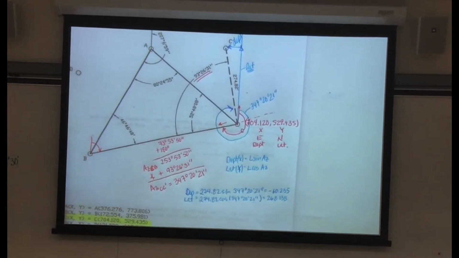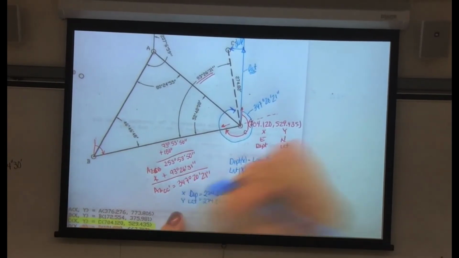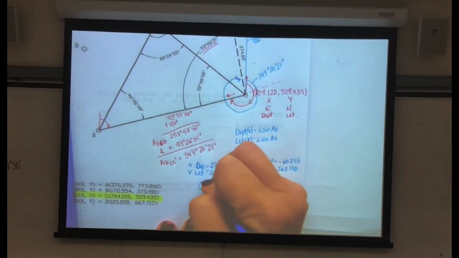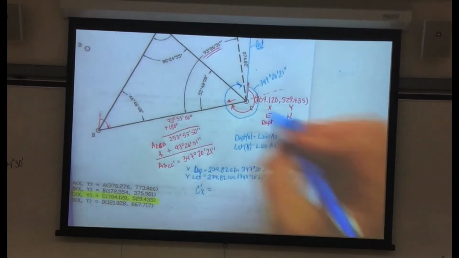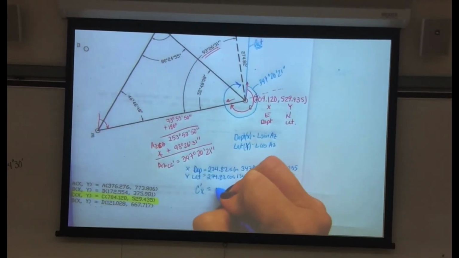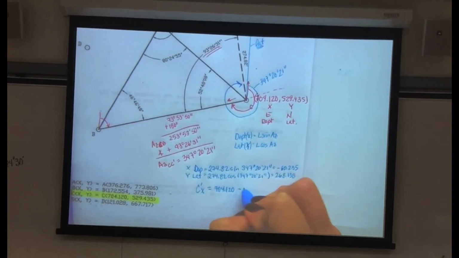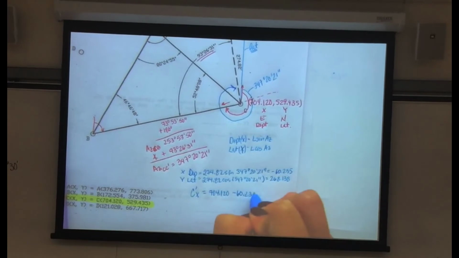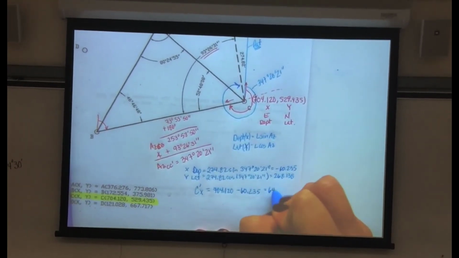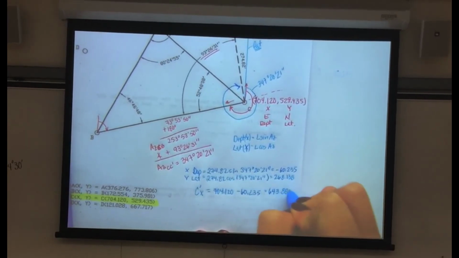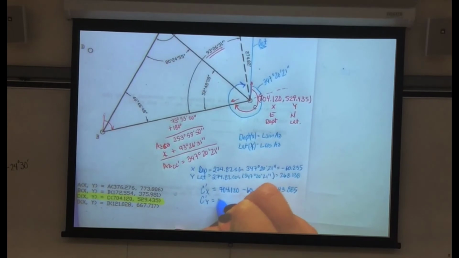Departure is my x, and latitude is my y. So to find the x value for C prime, I take the x value at C, which is 704.120, and subtract the 60.235, which gives me 643.885.